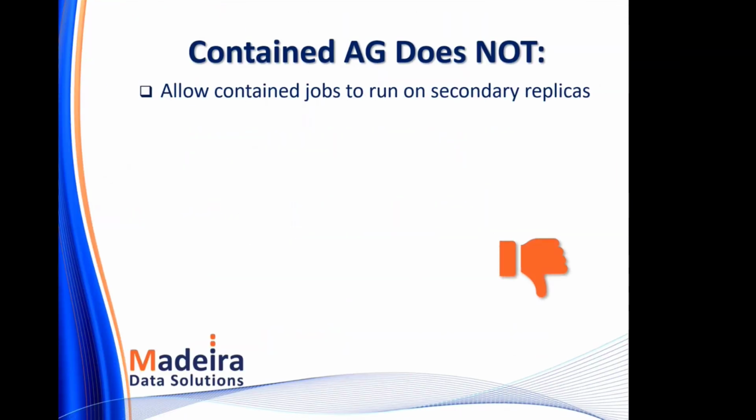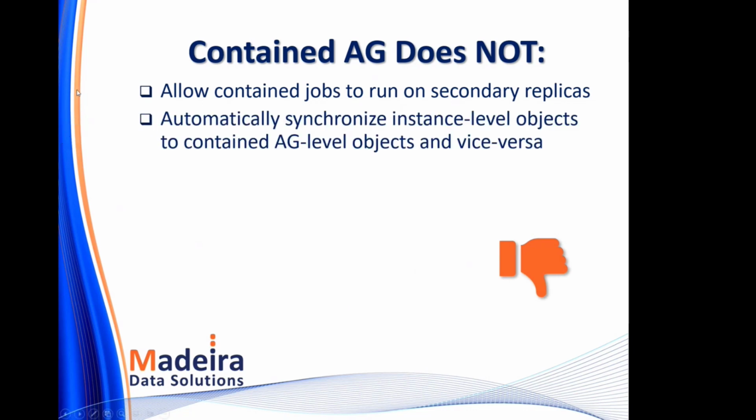So let's see what else. Contained availability group does not allow, as I said, contained jobs to run on secondary replicas. It does not automatically synchronize instance level objects to contained availability group level objects and vice versa.